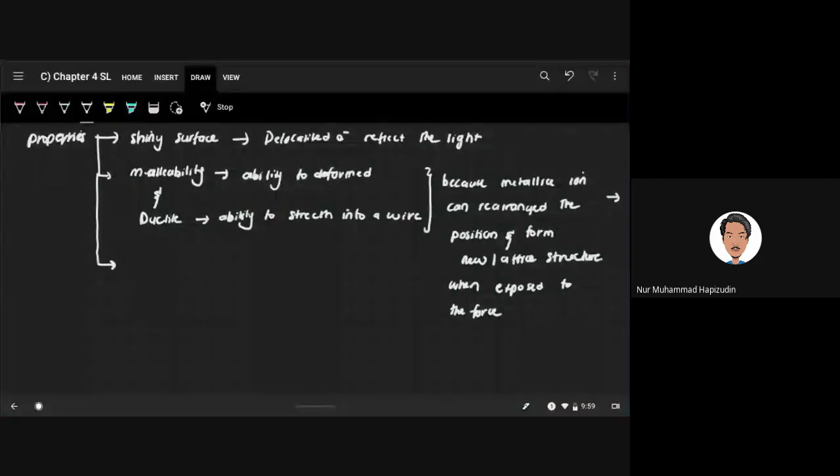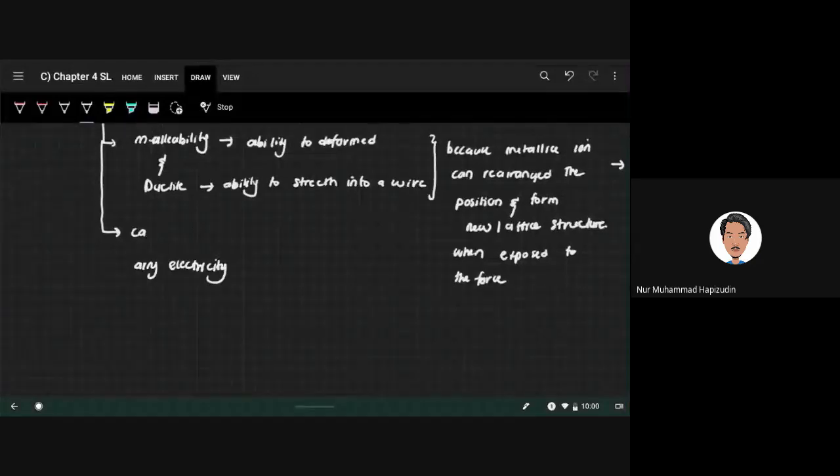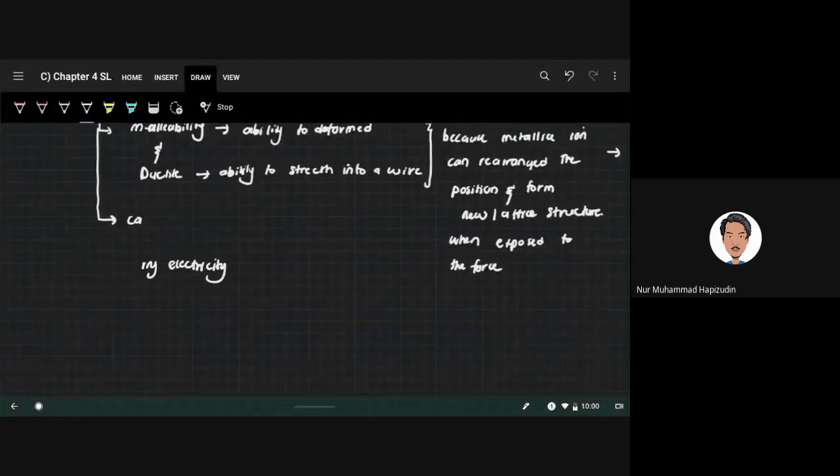Okay, next can carry electricity, kan? It can carry electricity. Okay, how can it carry electricity? Okay, simple je nak explain.